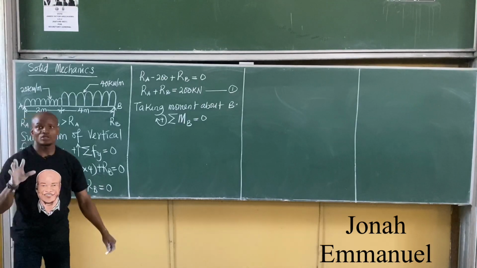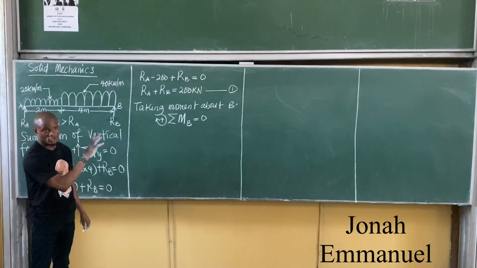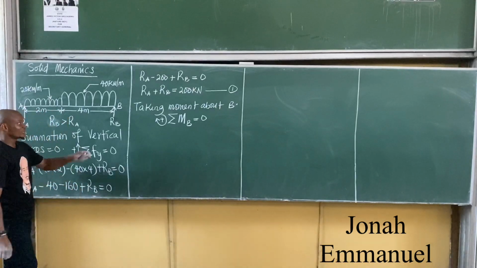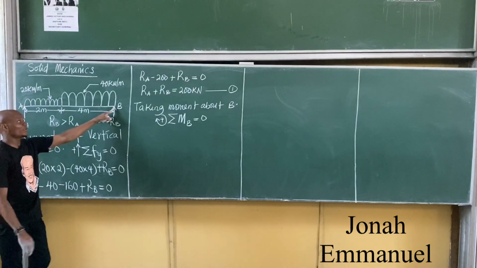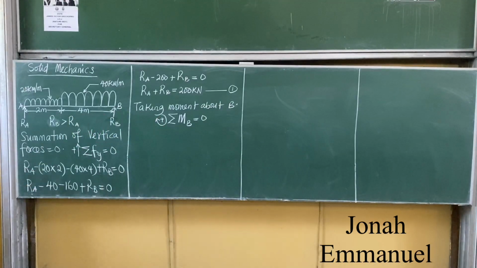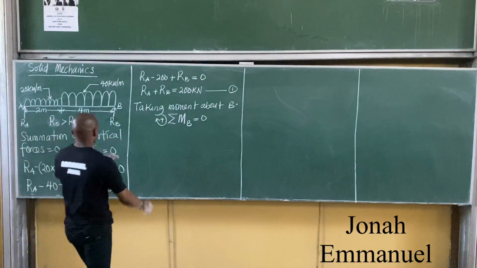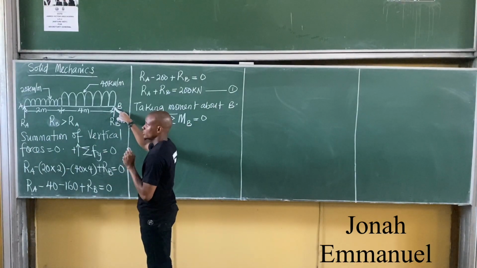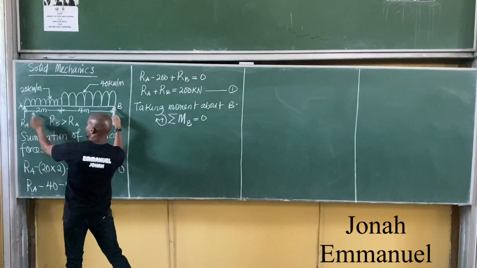Please stop writing and focus on this. See the change here. Think about B, that's this point, so all the forces are coming to this point. The force at B will not be included, so I work with just 1, 2, 3.